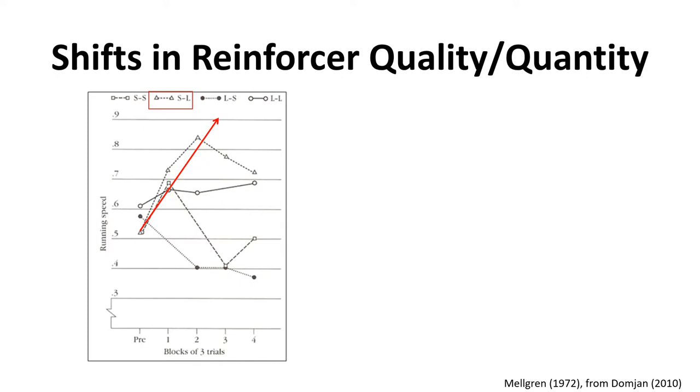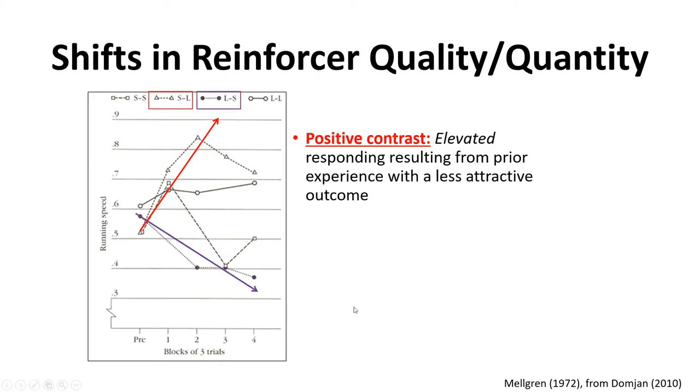So we're seeing more responding because this was exciting in the positive direction. They're getting more than what they were expecting, and that's really good. And so we can call this a positive contrast, where we now have elevated responding because their prior experience with a less attractive outcome makes this current, more attractive outcome that much better. So 10 pieces of cheese looks really, really good when you're used to only getting 1.